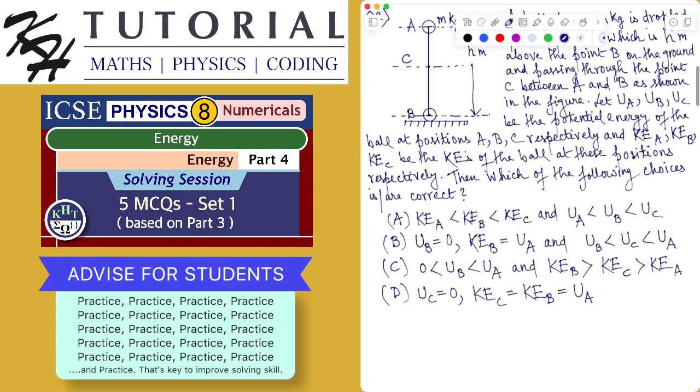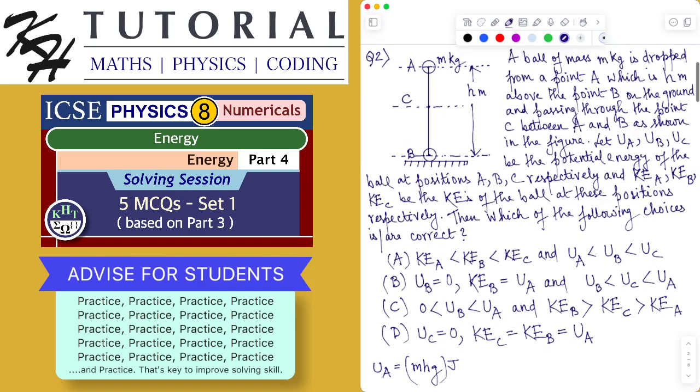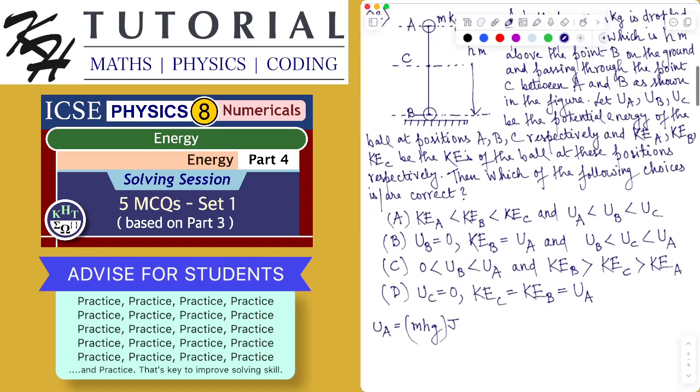So definitely we know that UA, the gravitational potential energy of the ball at the point A, will be mgh, this much joule, since the mass is given in kilogram and the height is in meter.